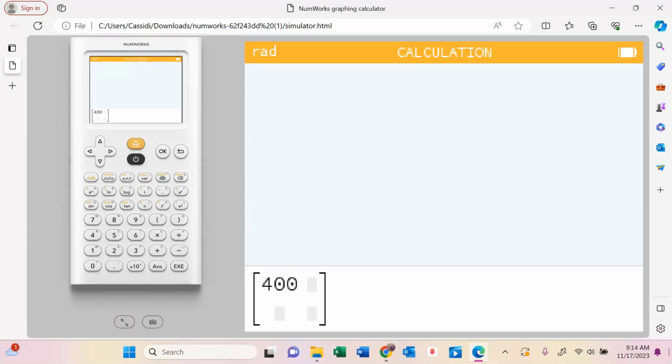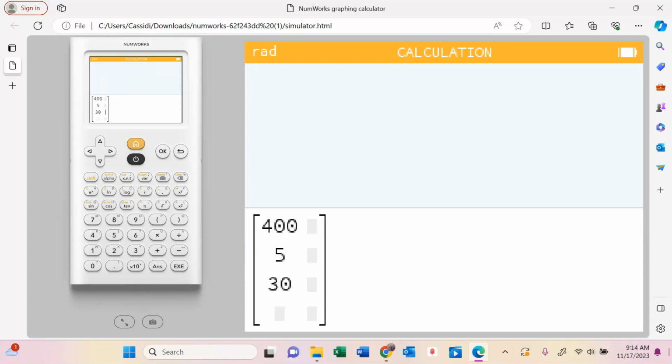So for this matrices here, let's go ahead and work on it. So 400, 5, and 30 were our x values. So then 200, 2, and 10 were our y values.